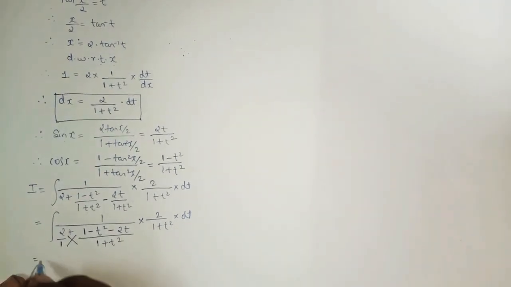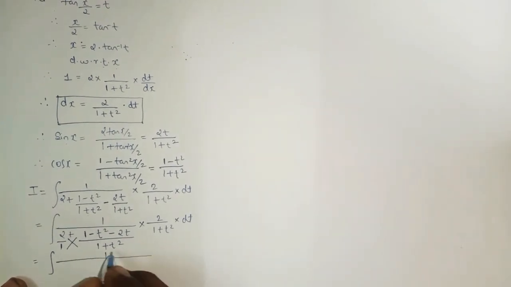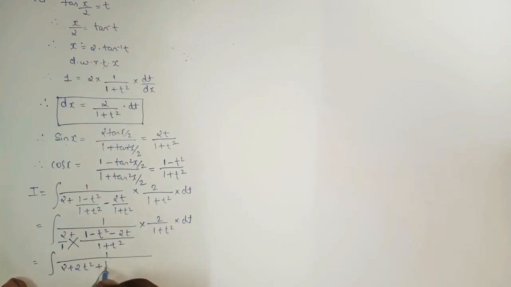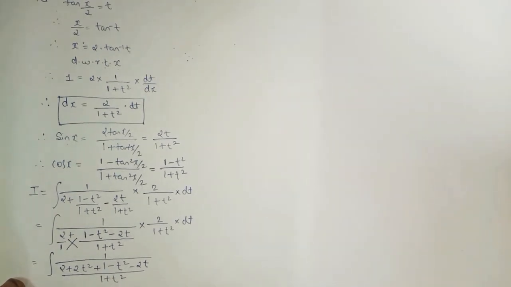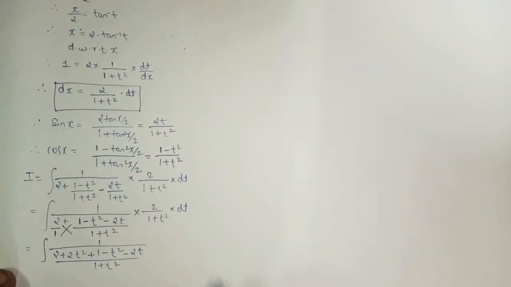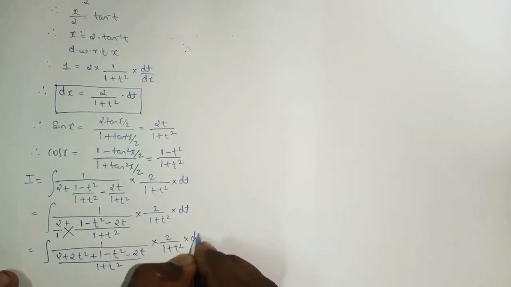So here further this we can write as what? 1 upon, when you will cross here you will get 2 plus 2t square. Yes or no? 2 ones are 2, 2t square plus 1 minus t square minus 2t upon 1 plus t square. Yes or no? Into 2 upon 1 plus t square into dt.